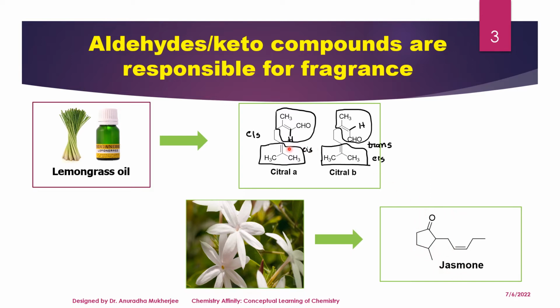So citral A, citral B and jasmone, these are all aliphatic aldehydes and ketones. Since they don't contain an aromatic benzene group, it is an aliphatic aldehyde, not an aromatic aldehyde. I hope from this example also students will be able to understand the difference between the aliphatic aldehyde and the aromatic aldehyde.